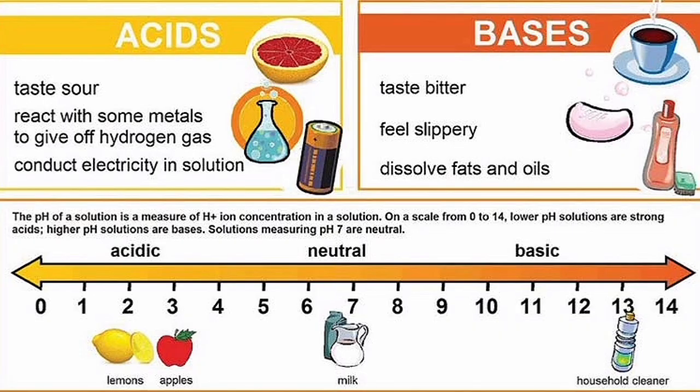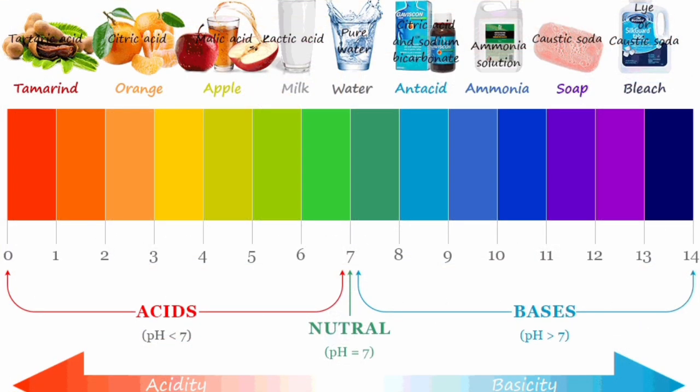The pH scale should be in your head, because you know that the pH scale has values ranging from 0 to 14. 0 to 6.9 is acidic. So at the far left, 0 is strongly acidic, 1 is strongly acidic, 2 is strongly acidic, but the acidity reduces as the number increases. 3 is not as acidic as 2, 4 is not as acidic as 3, 5 is not as acidic as 4, and 6 is not as acidic as 5. 6 is a weak acid, and then 7 is neutral.